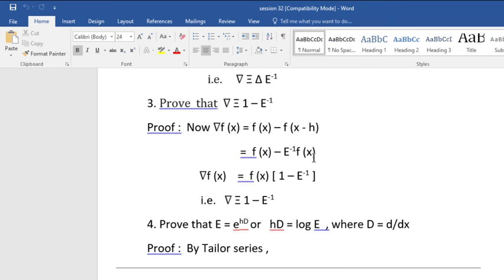So from both the terms, taking f of x as a common factor, we can write it as 1 minus E raised to minus 1. So that is nothing but backward difference is equivalent to 1 minus E raised to minus 1.